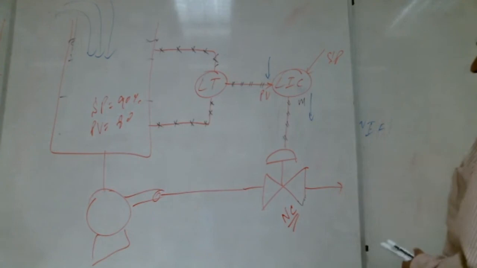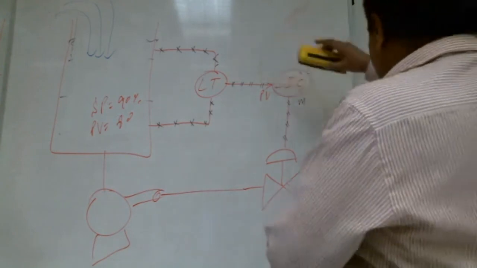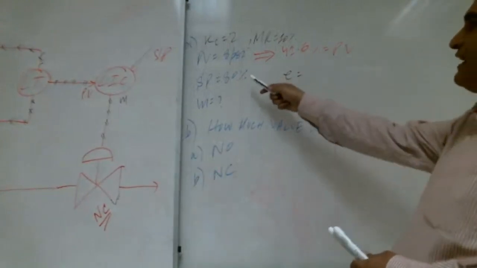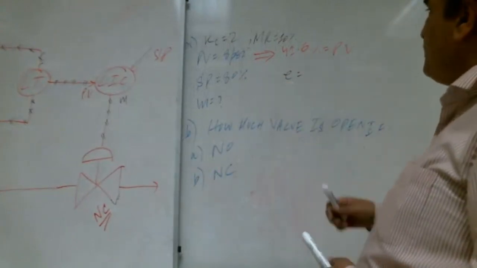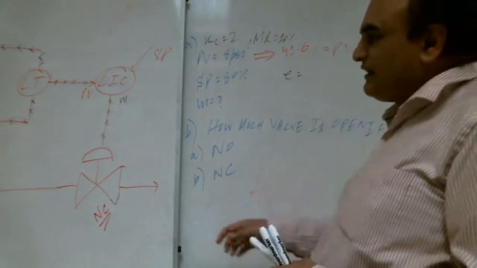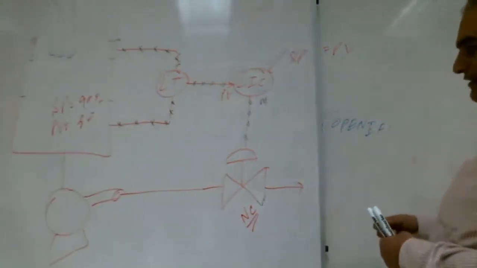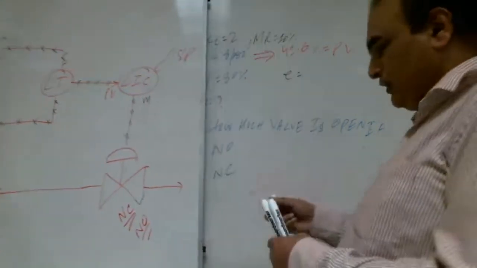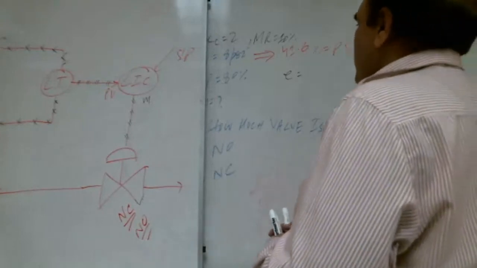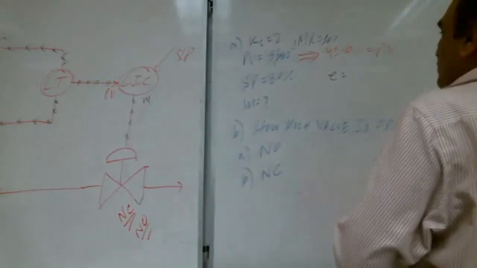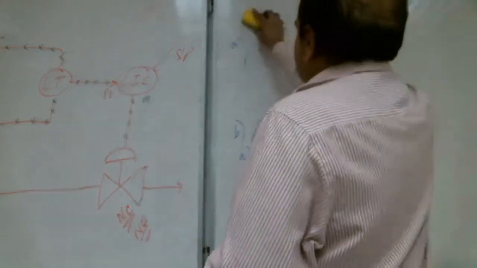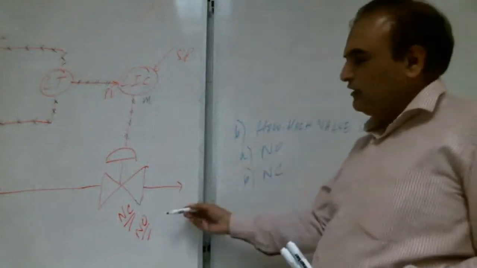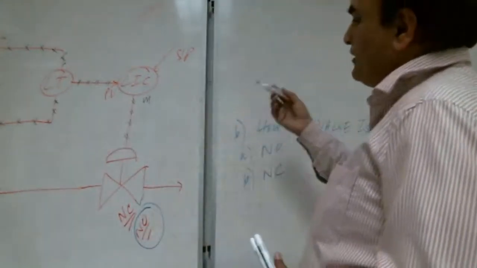Okay, so let us assume it is direct action. Then the error is PV minus SP. And if it is reverse action, the error is SP minus PV, then the valve will be normally open. So if nothing is given, we will take both. Let's take one: we say it is normally open, so it is reverse action.